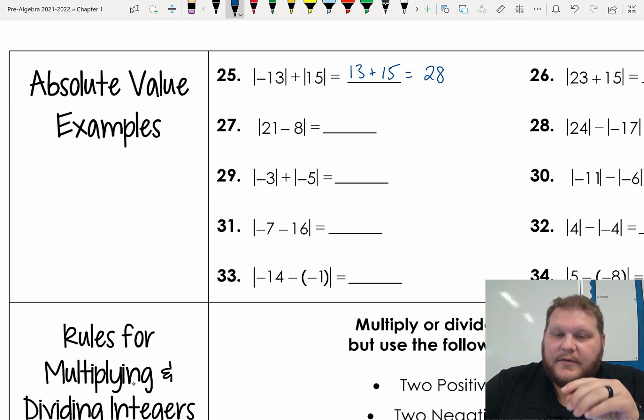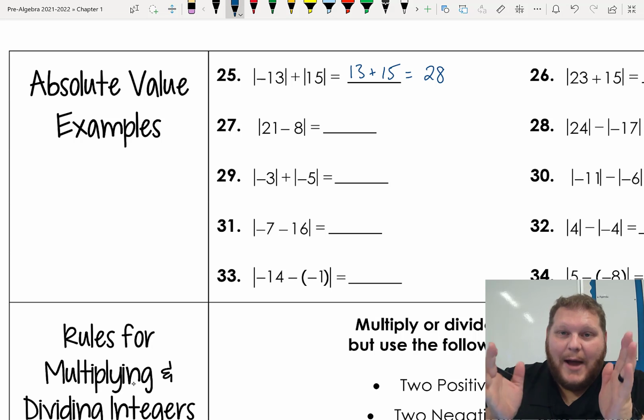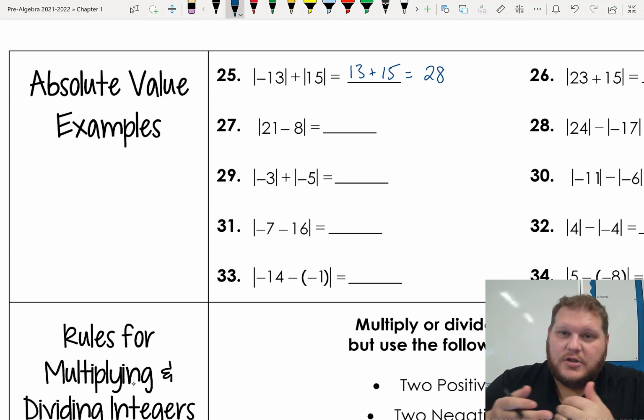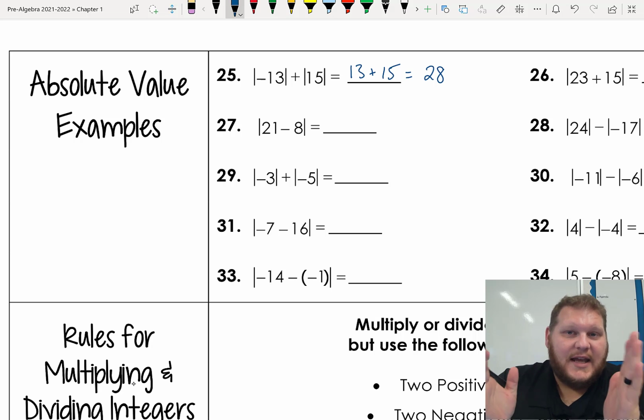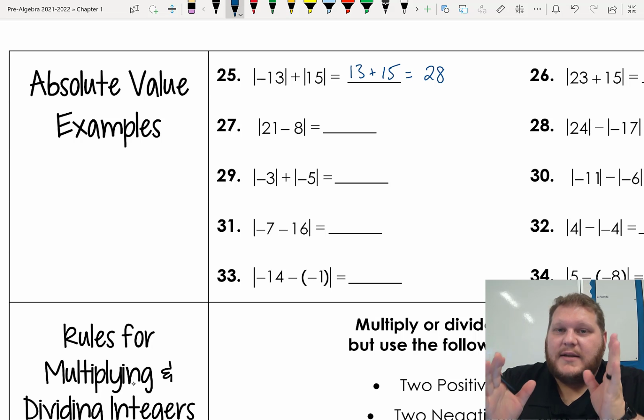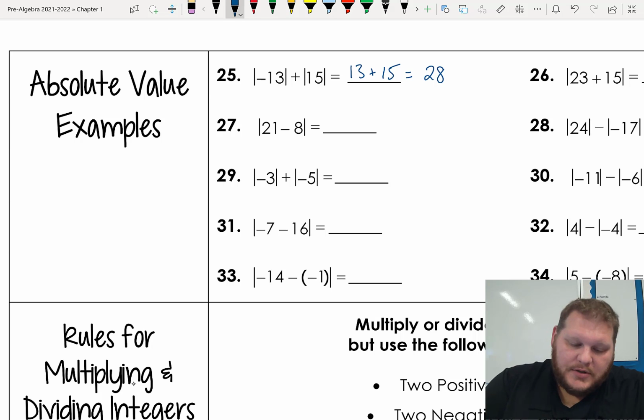You also have some problems where the operation, the addition or the subtraction, is inside the absolute value bars, in which case simplify that first. You do not apply the absolute value until it's a single number. So for number 27, absolute value of 21 minus 8, well, I have to do 21 minus 8, which is 13.